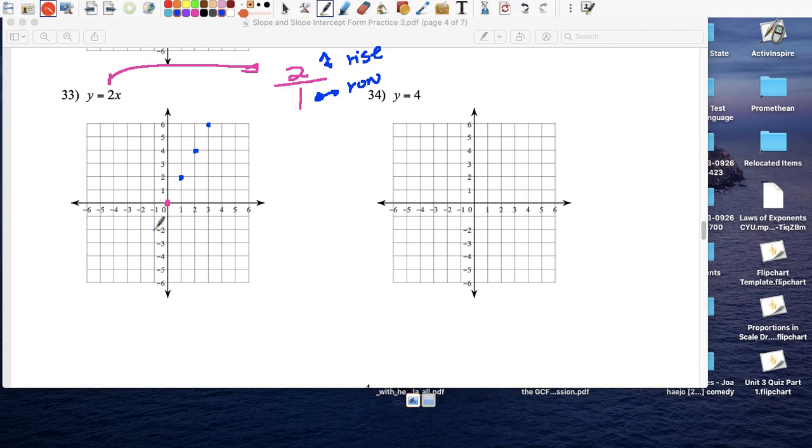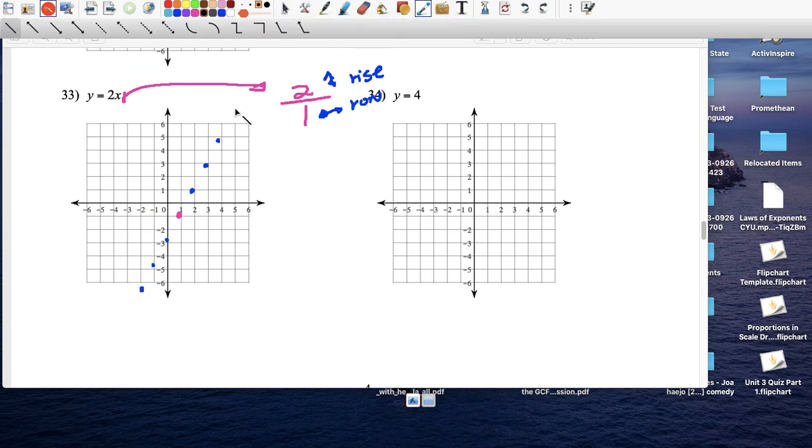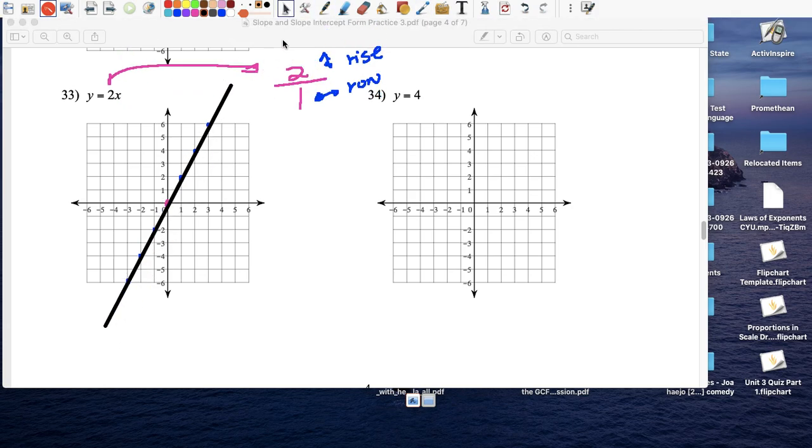So down 2, left 1, down 2, left 1, down 2, left 1. There. More than enough points to create the line. Connect them. Ta-da. Arrows on both sides, and we're going to give it a name. This is my line, y equals 2x, which is a proportional line.